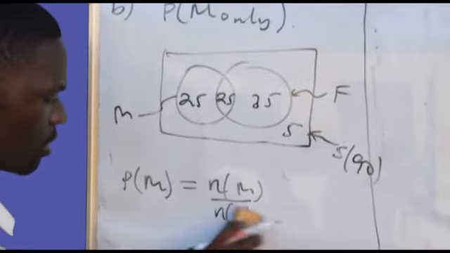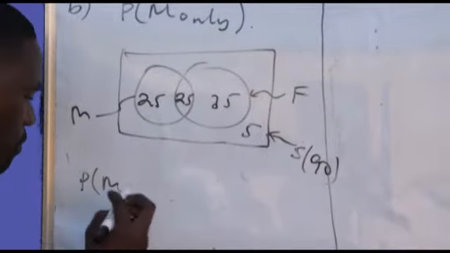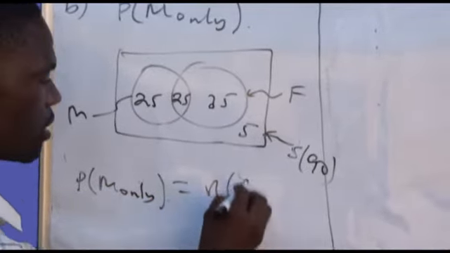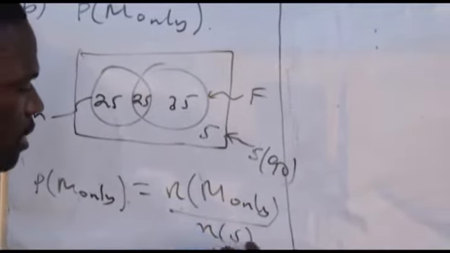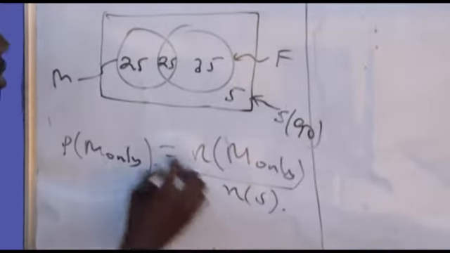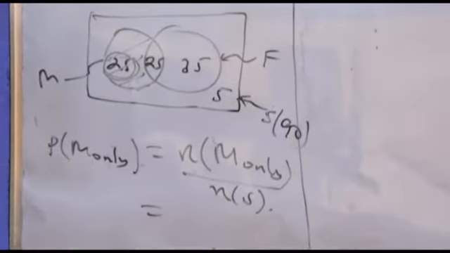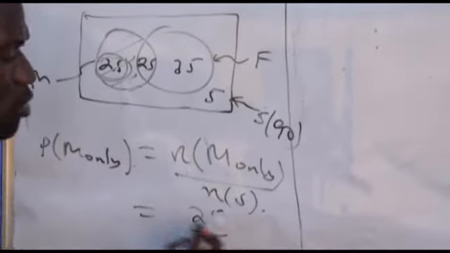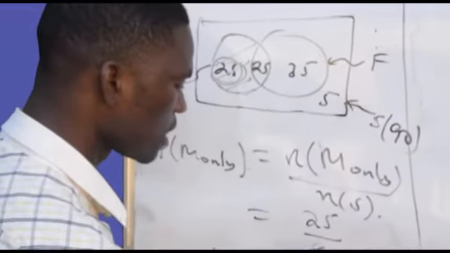Let me correct this, other students might be confused. The probability of M only will be equal to the number of students taking meat only divided by the number of the sample space. The members found in M only are here. So we have 25 students out of all students in the school, which is 90.